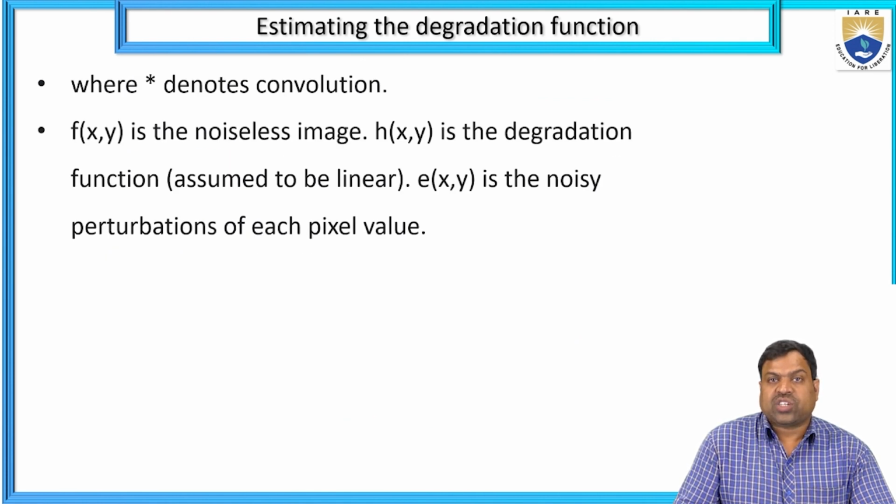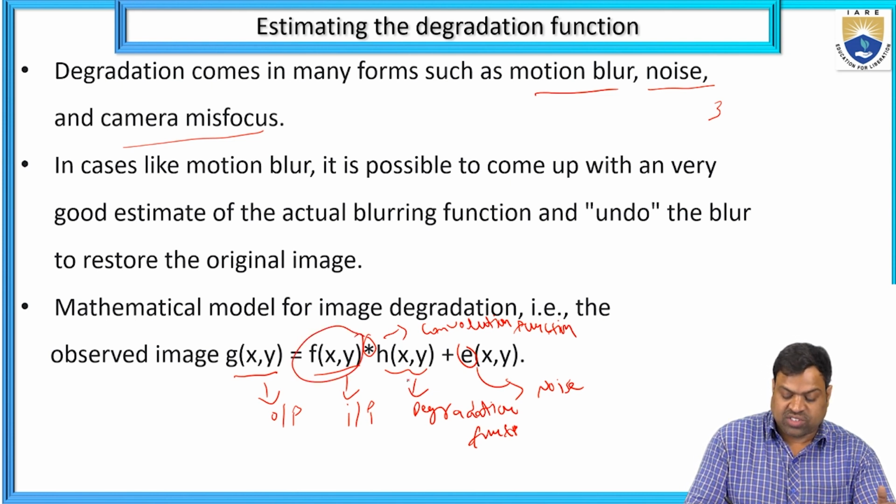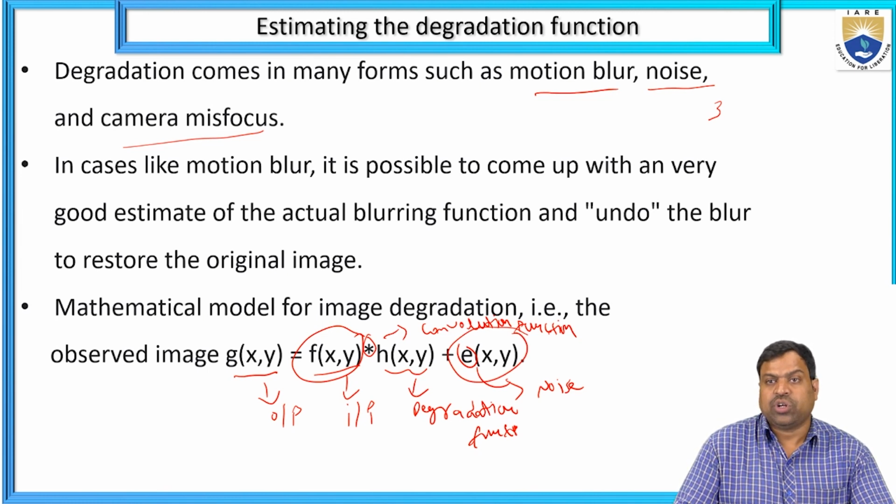f of x comma y is the noiseless image and h of x comma y is the degradation function. The input is noiseless, but here noise has occurred, so noise is added to the input image.